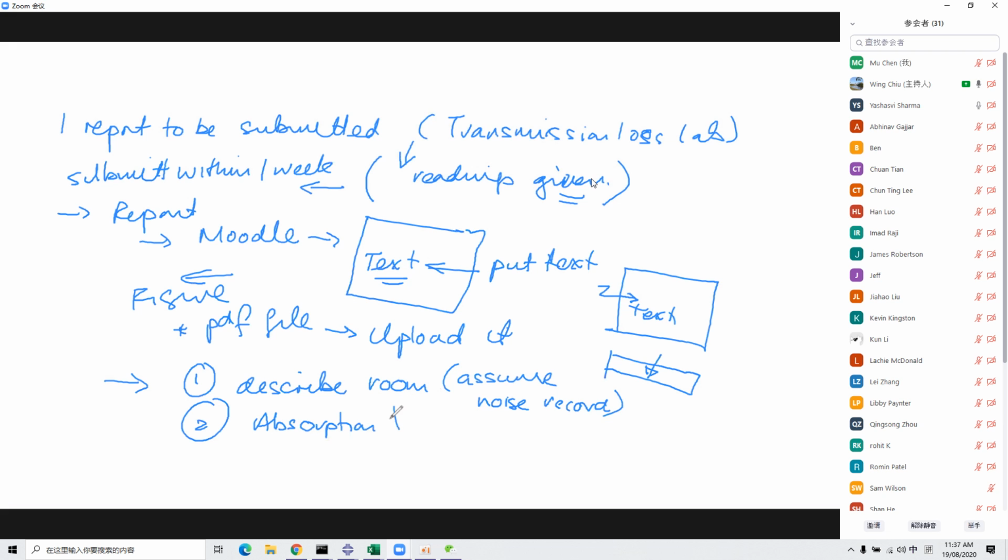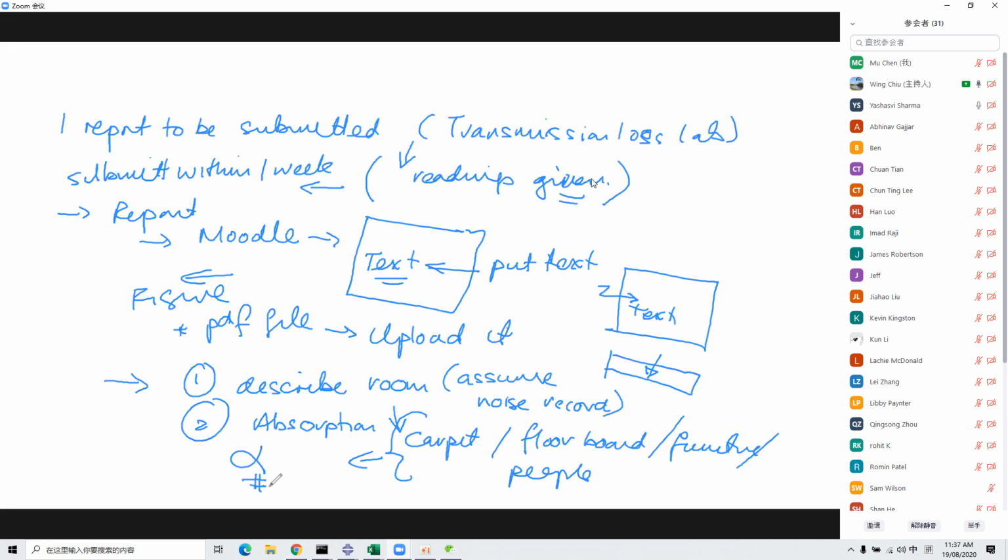When you describe your room, you will need to talk about things like whether it's carpeted or with floorboards, how much furniture it has, or whether or not there are people, because all this will affect the absorption coefficient, the absorption characteristic of the room.